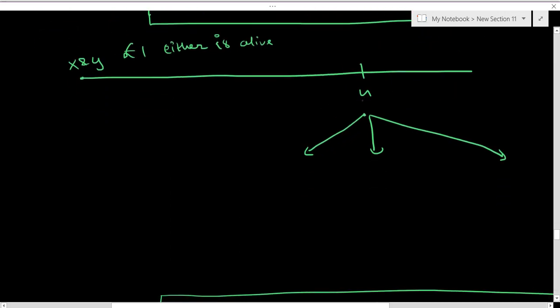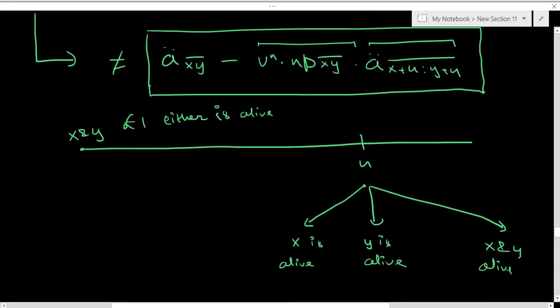It can so happen that by time n, only X is alive and Y is dead. It can happen that only Y is alive and X is dead. And it can happen that both are alive. In these different cases, this annuity will behave differently. In case only X is alive, the annuity would still be payable as long as X is alive, so it just becomes a single life annuity.